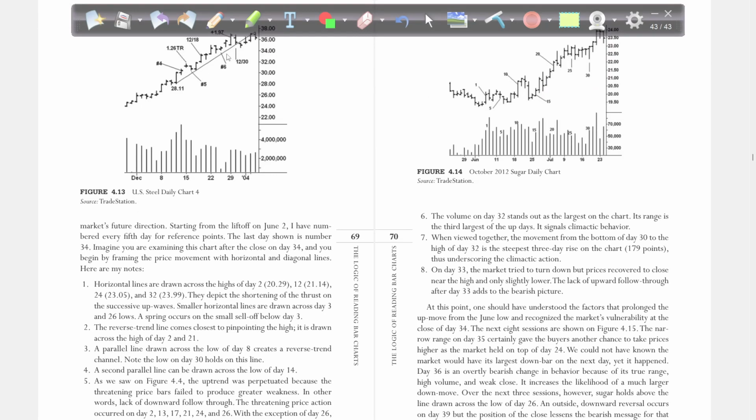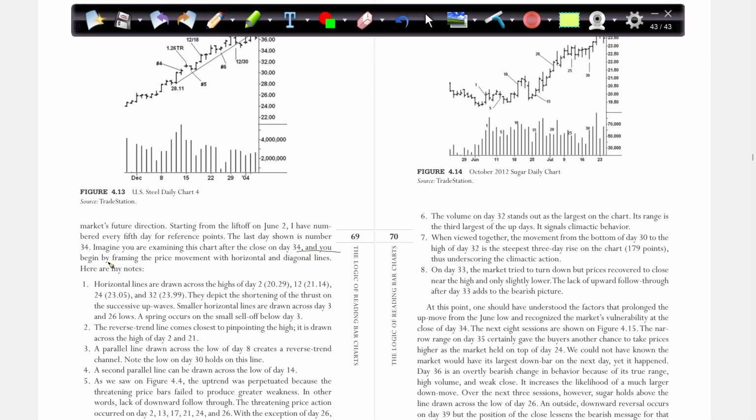You begin by framing the price movement with horizontal and diagonal lines. Here are my notes. Horizontal lines are drawn across the high of day 2, 20.29, and 12, 21.14, and 32.